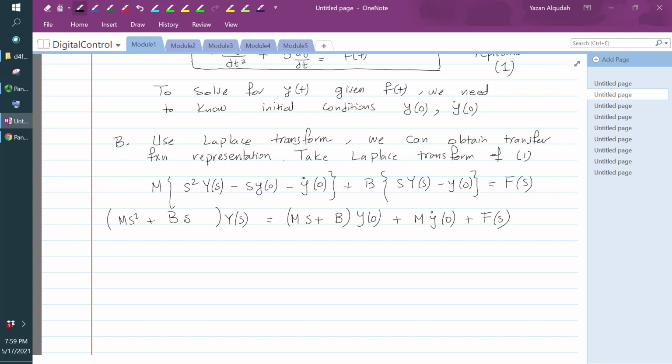Now what I can do is take y of s and divide by the term that multiplies y of s.